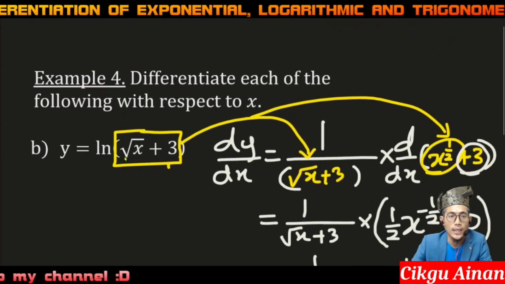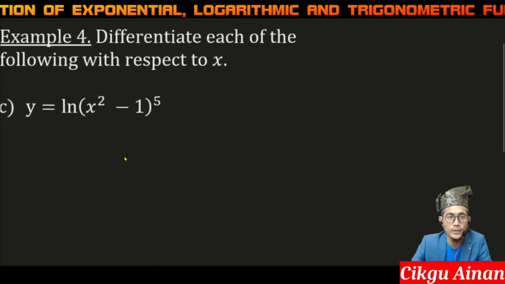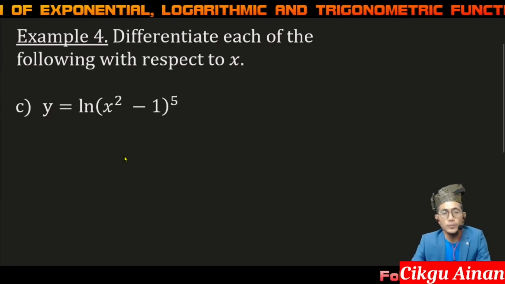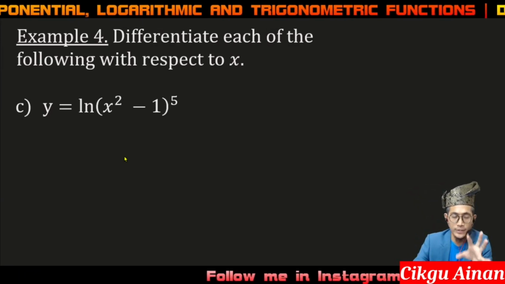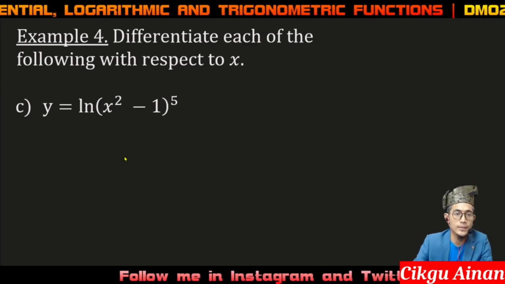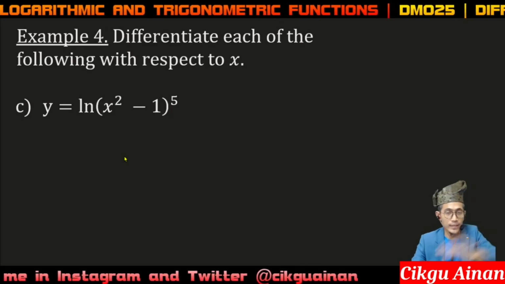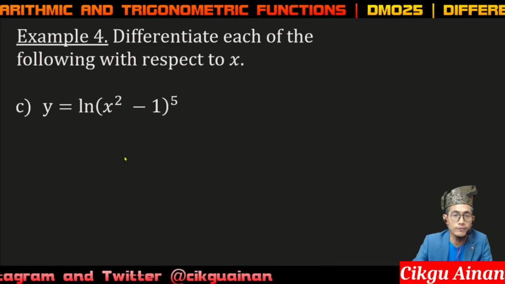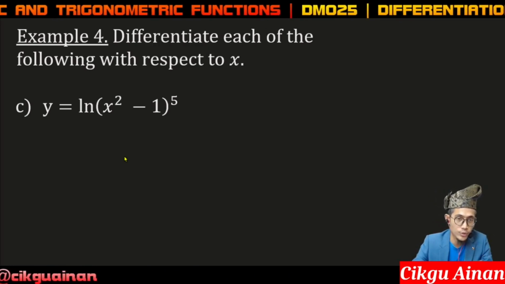Now let's move on to the next one. For this one, we have a little bit of a difference, because there is a power over the bracket here. So before we jump in right away, we adjust the expression a little bit into the form that I showed you before.